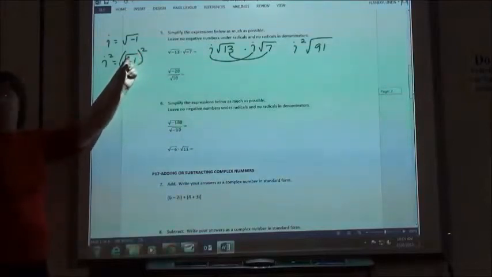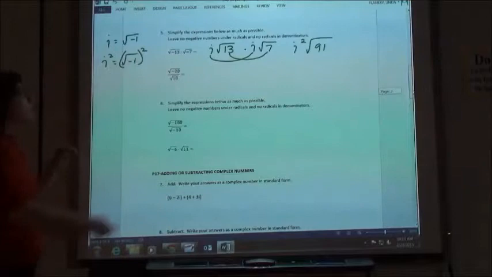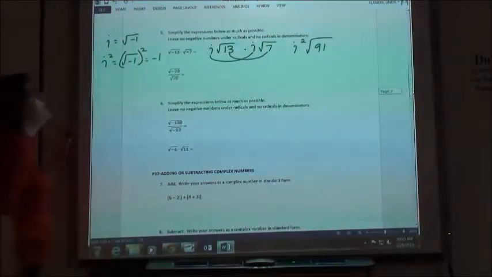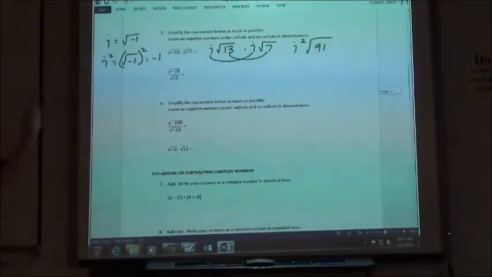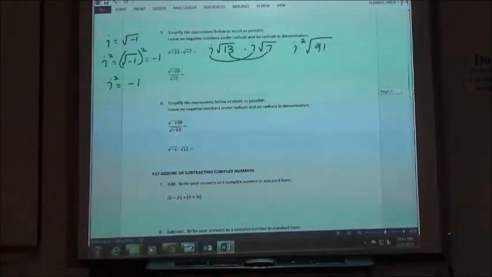They're opposites, it just eliminates it, right? So we just get minus 1. So anytime you have i squared in your problem, you're going to substitute in a negative 1 in its spot.